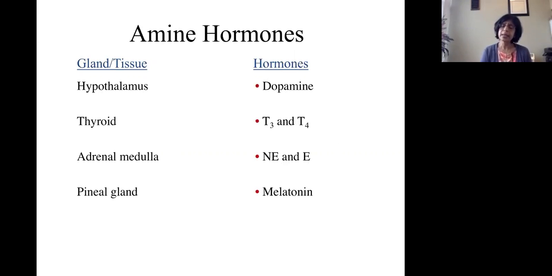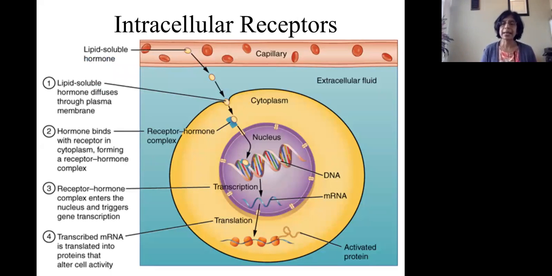Okay, with this, we will move on to talk about the mechanisms by which hormones bring about their effects at target cells. Well, now, you already know that there are 2 types of hormones. One group is water soluble, the other one is lipid soluble, or not water soluble, correct?